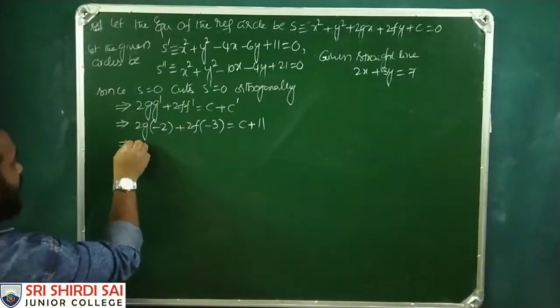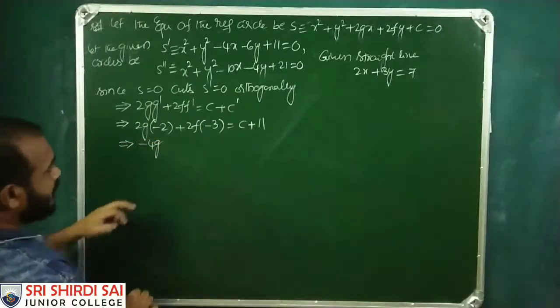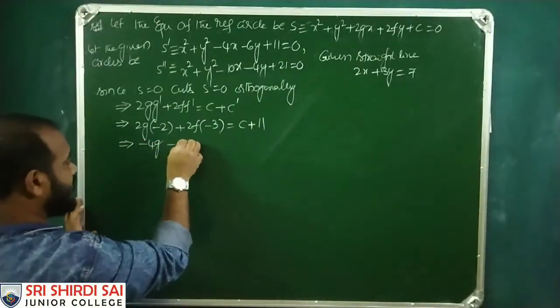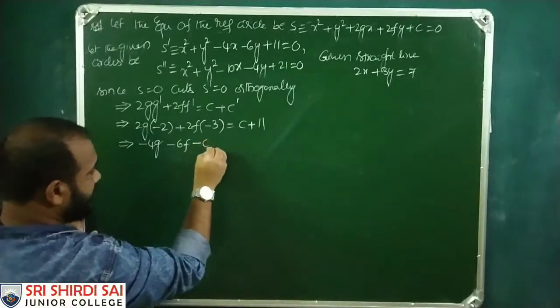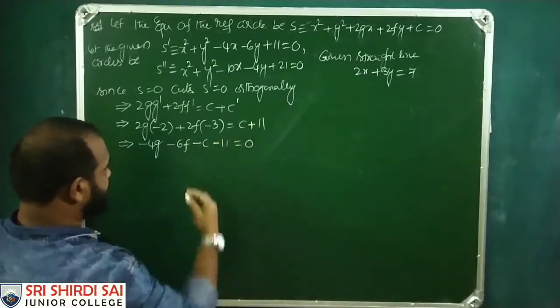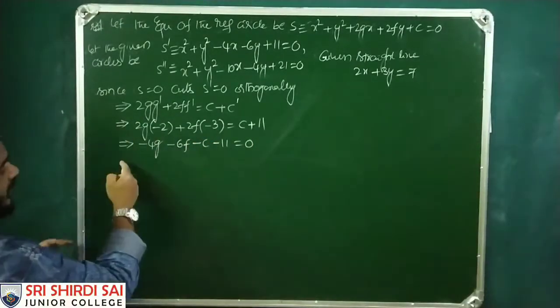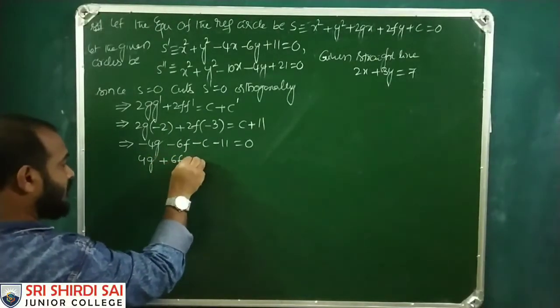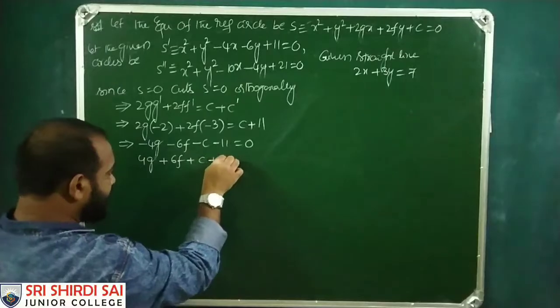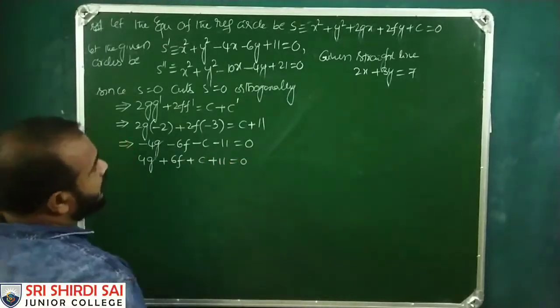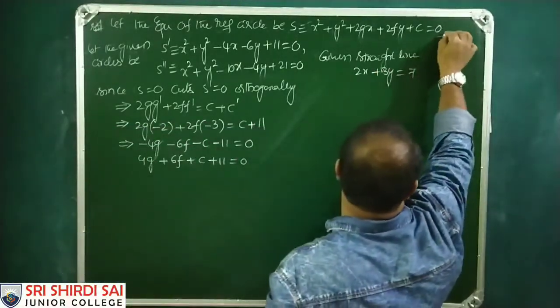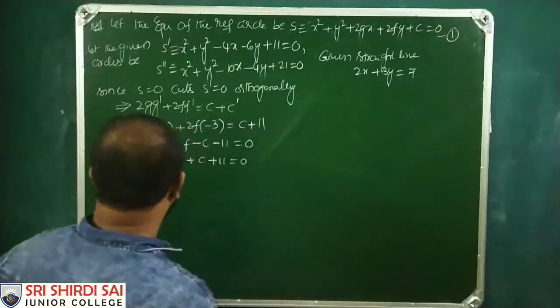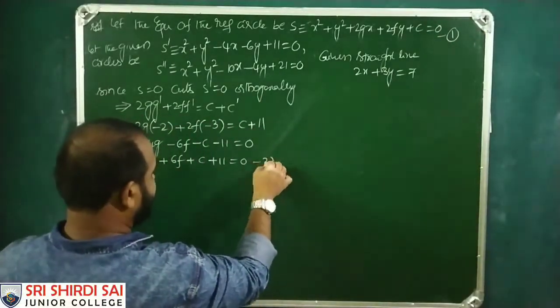So this is minus 4g minus 6f minus c minus 11 equals to 0. If I take minus in common, then it is 4g plus 6f plus c plus 11 equals to 0. Let us take this to be the first equation and this to be the second.